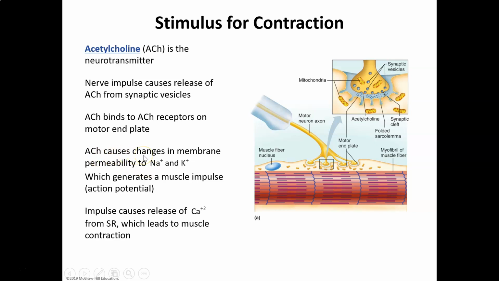Acetylcholine causes a change in that membrane permeability. So channels open up to allow sodium and potassium to flow through the membrane. That's called changing the membrane permeability. When that happens, that generates what's called a muscle impulse, or an action potential. Now in the nerve, that is definitely what it's called, an action potential.